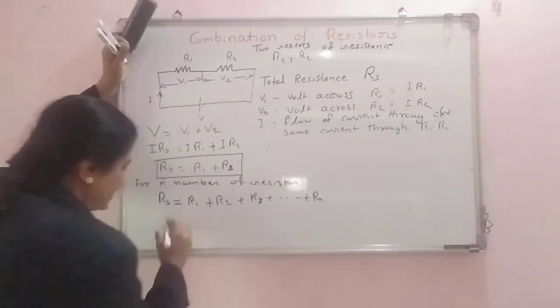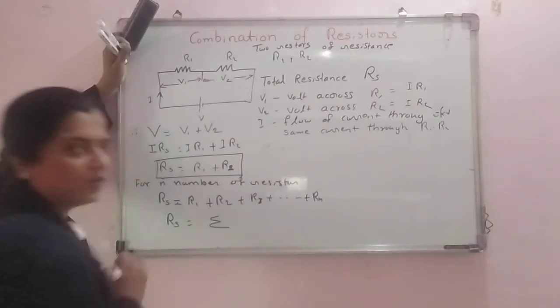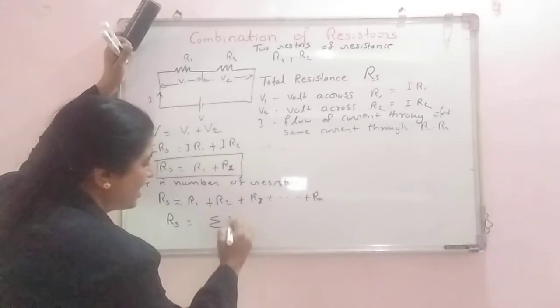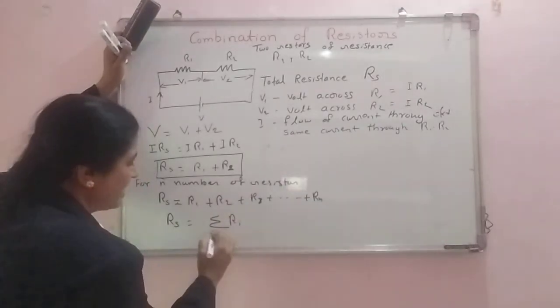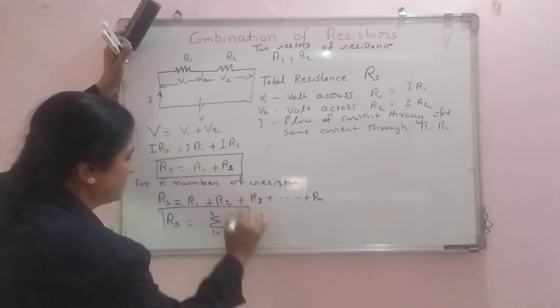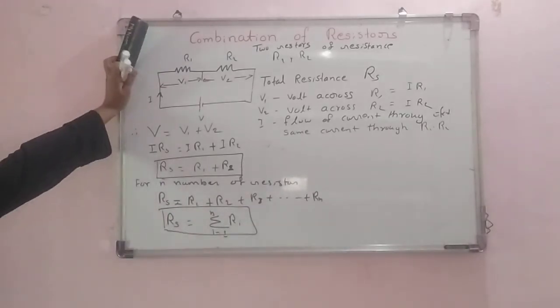That's why we can say that Rs is equal to the summation of all the resistors Ri, where i starts from 1 and ends at n. This is the equation for the equivalent resistance in series combination.